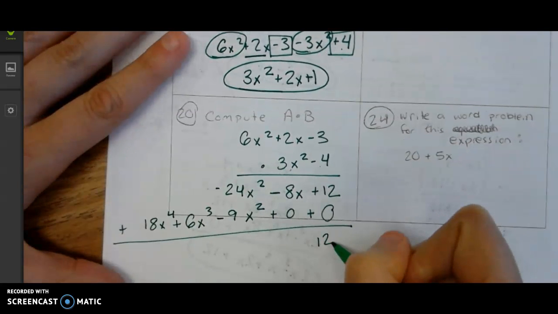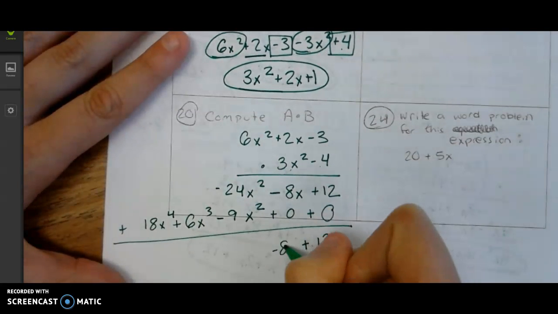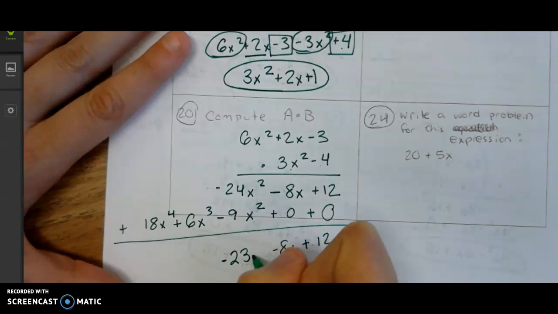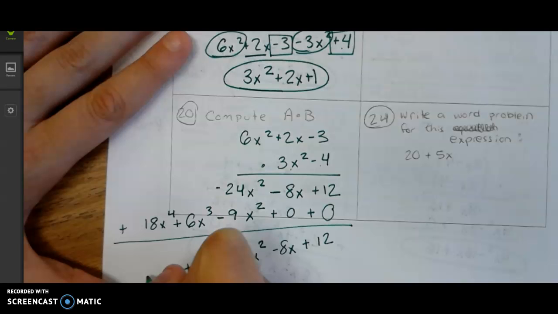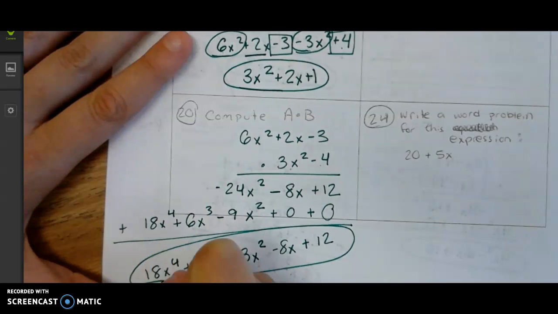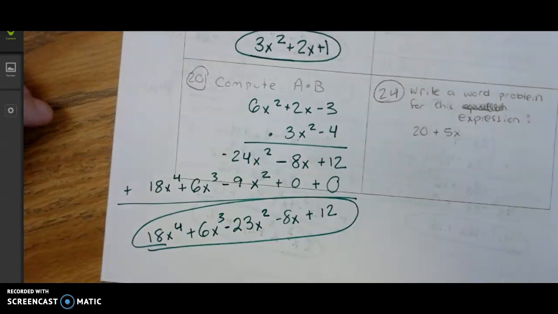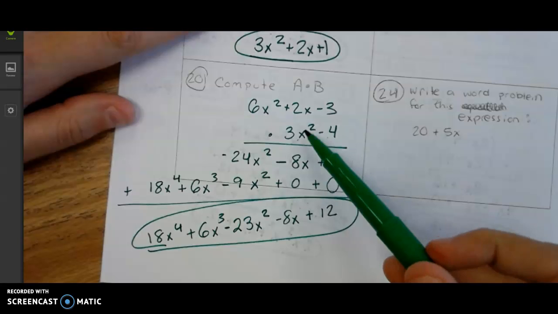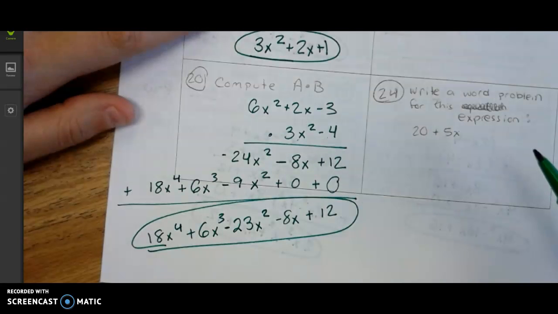So 12, negative 8x. The only thing that's actually a like term, these are both negative, so they add. So negative 23x squared. I don't think there's one that's quite this hard on the test, but this is just in case you do come across one that has a square like that.